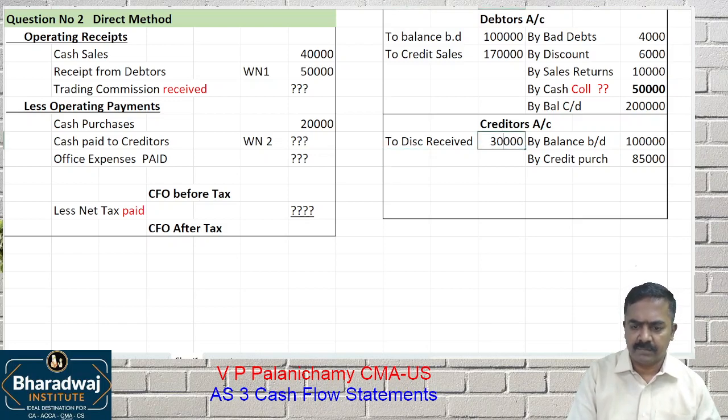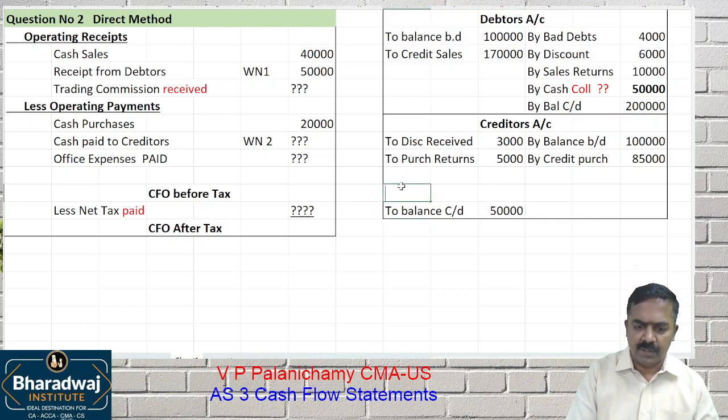Then purchase returns. Purchase returns how much? 5,000. Closing balance is given to us. As a balancing figure you will get cash paid.